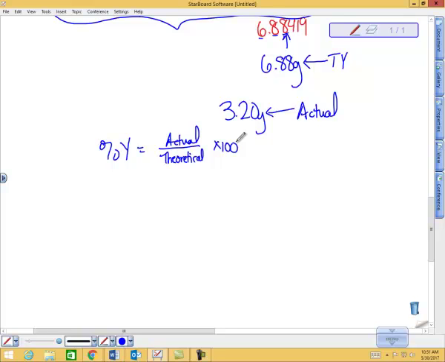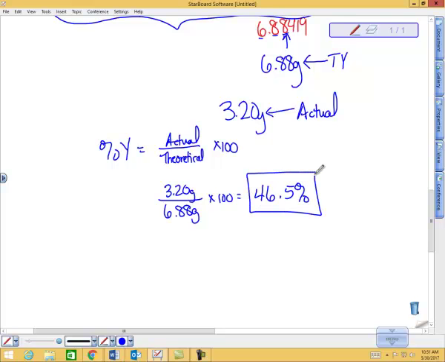So the actual is going to be 3.20 grams. The theoretical is going to be 6.88 grams, and then times by 100. Let's see what you get. I got, keeping with the 3 sig figs, 46.5%. Final answer. Making sense so far?